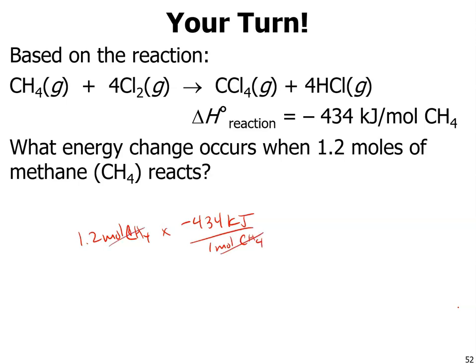And I can cancel those units out and multiply that negative 434 times 1.2 and I get 520.8 kilojoules of energy released. It's going to be a negative value, right, because I have the negative here. And now I can use that idea to understand how much more energy I'm getting out if I'm changing the amount, based off of this conversion factor that's part of the thermochemical equation.